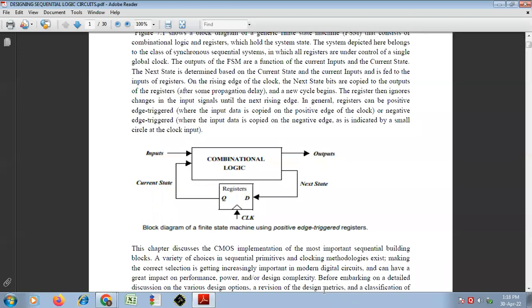Why? Because it depends upon the current state as well as the past state. Now the question is where that past state has to be stored. So for storing that, we require some storing element or memory.